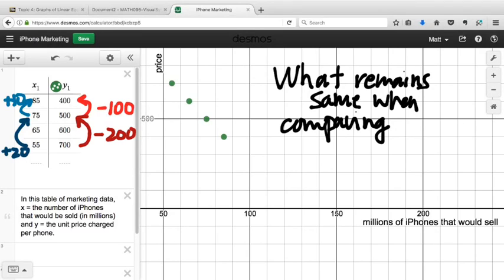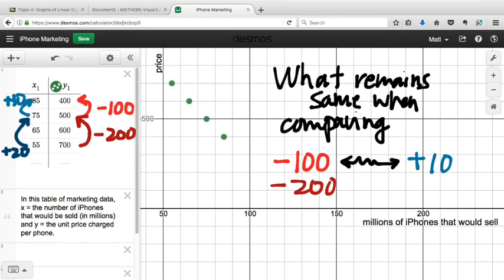It's like an analogy on the old SAT exam. Negative 100 is linked to the change plus 10 in the same way that negative 200 is linked to the change plus 20. So what's the same about those two comparisons?